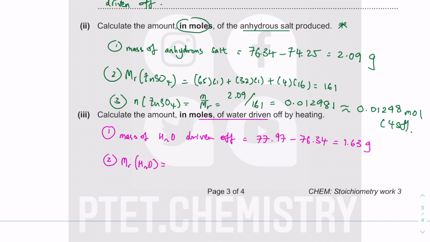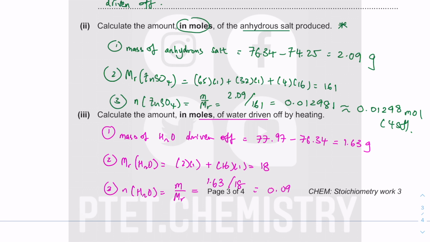So they want the moles. I'm going to calculate the MR of H2O, which you have done so many times, and it's 18, but it's good to just do it, just to see it. So you have the mass divided by the MR. So there's 1.63 gram divided by 18.